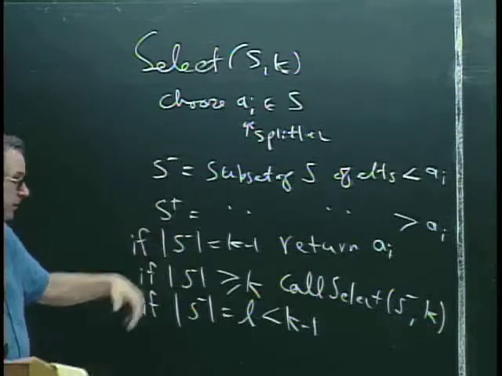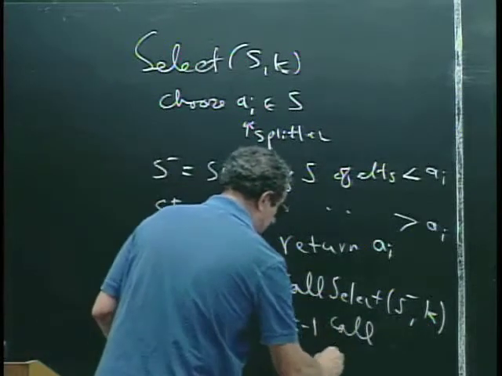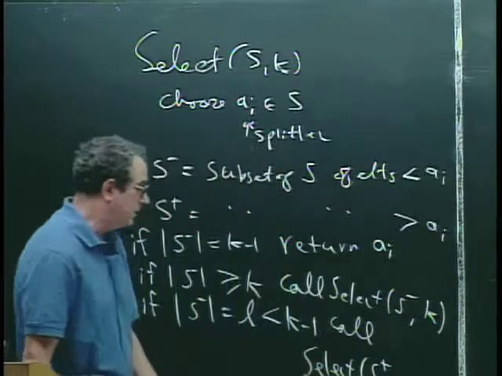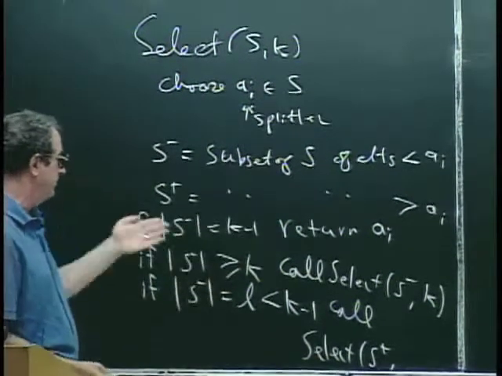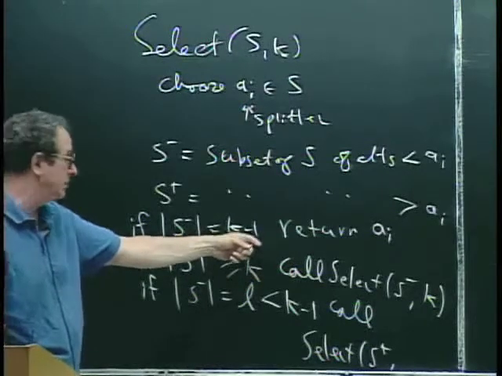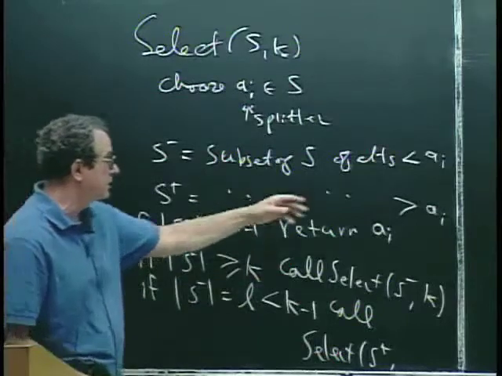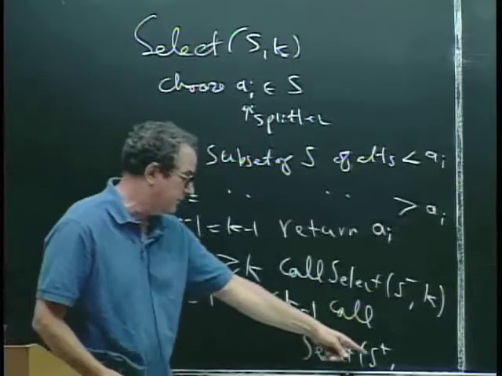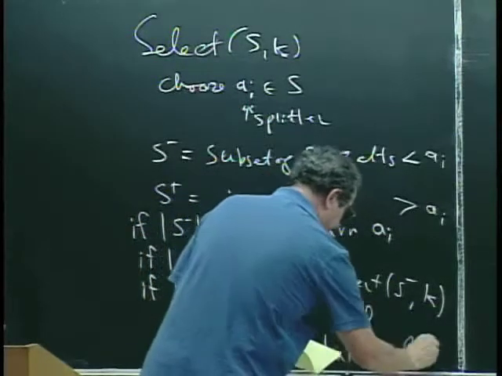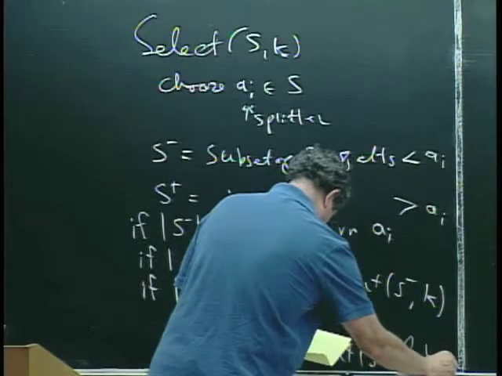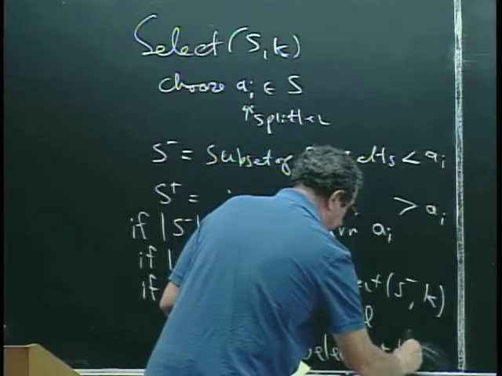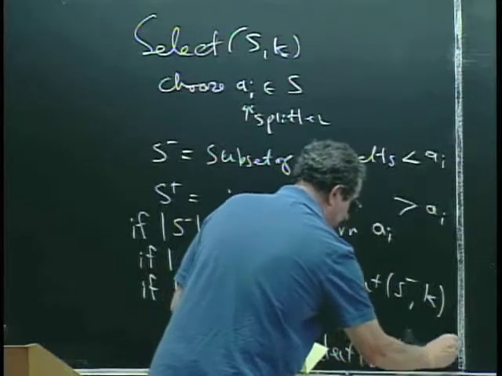And so we're going to recursively call select inside S plus, and since we're now able to reject L elements as being the smallest, and also reject a_i as being the kth smallest, then inside of S plus what we're looking for is the k minus 1 minus Lth smallest.